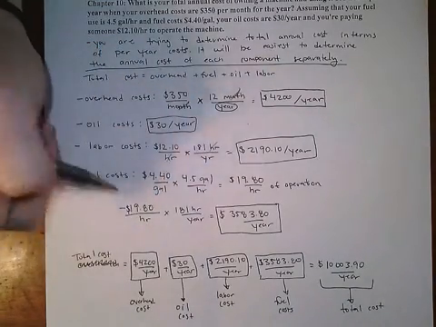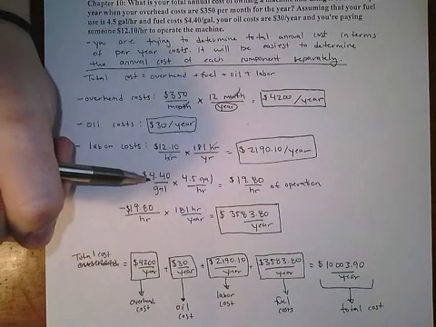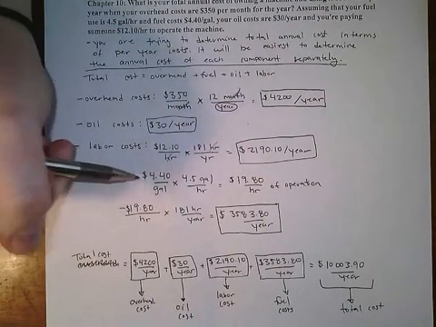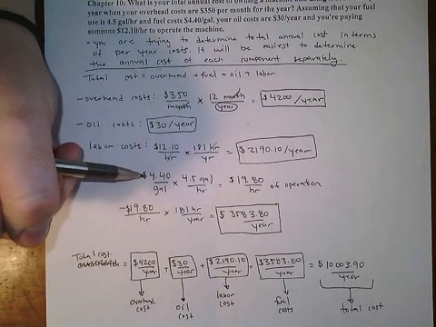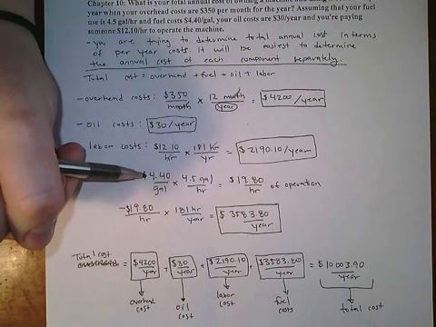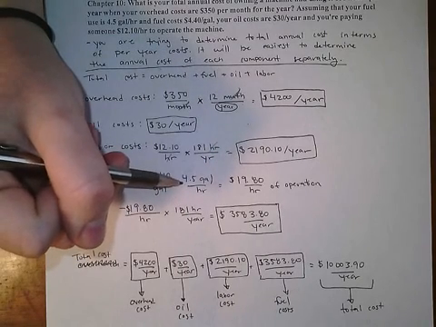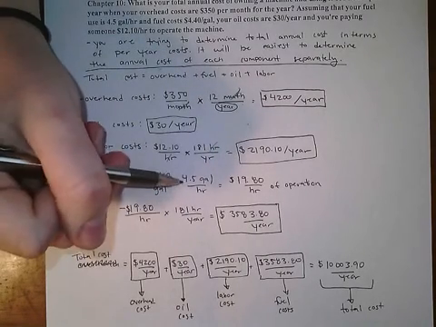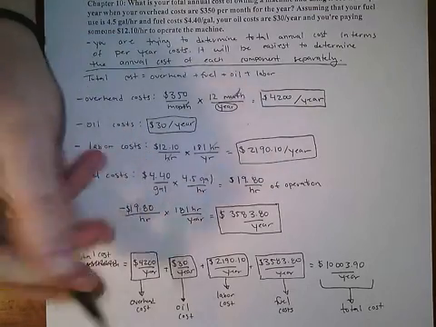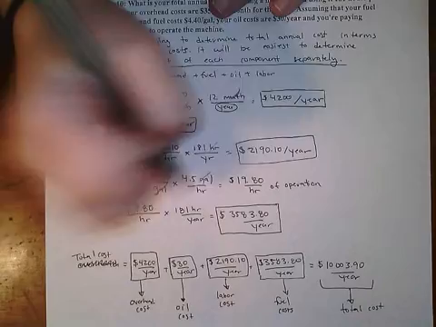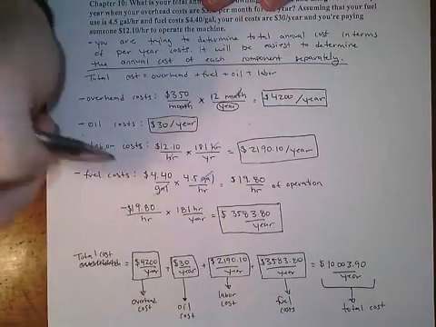So we start out with figuring out how much we're actually paying per hour. So the problem gives us that the fuel cost is $4.40 per gallon, and that the machine uses 4.5 gallons per hour. So we're able to cross off our gallons because these units cancel.